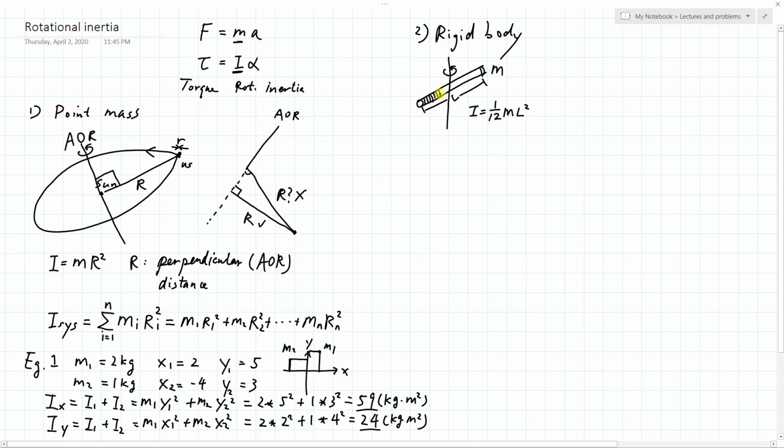And if you square that shorter distance, say this piece right in the middle of the left section, that will be a quarter of an L instead of half L. And if you square that quarter L, you get what? You get 1/16 of an L squared, right? So you can imagine the contribution of each of these pieces is dramatically reduced as you go to pieces closer to the axis of rotation, because the distance is squared, right?